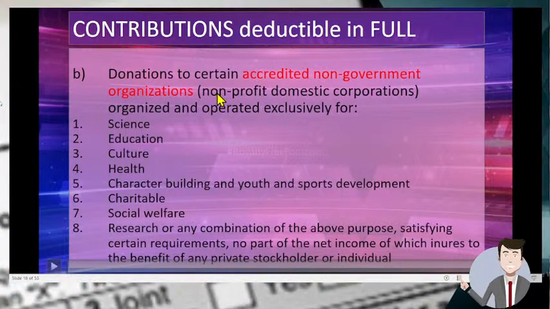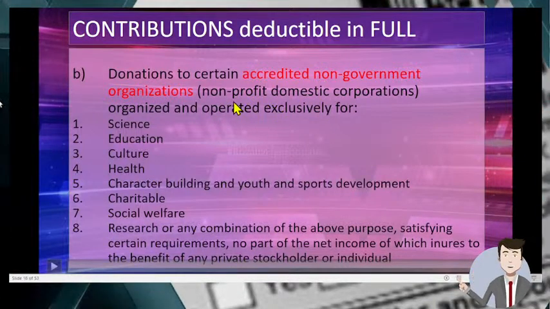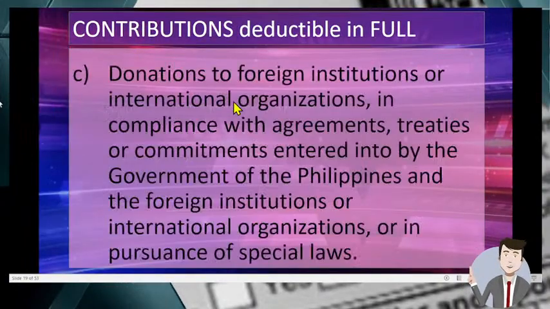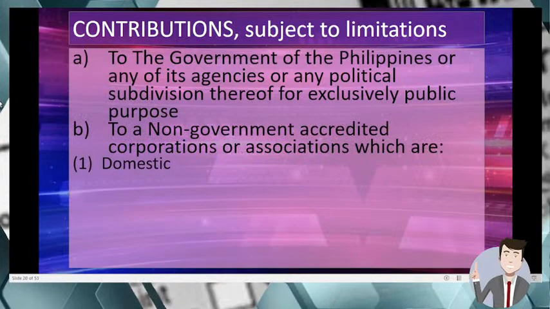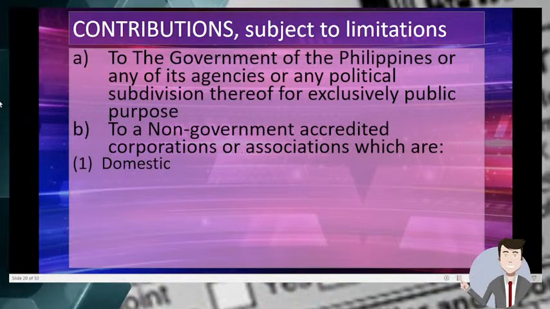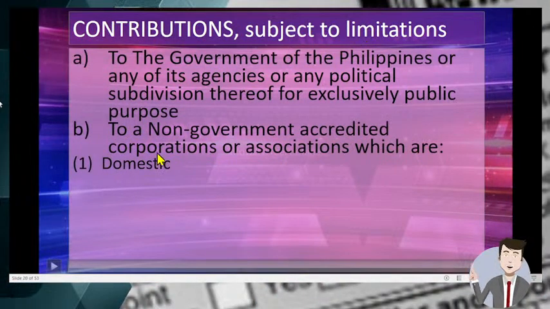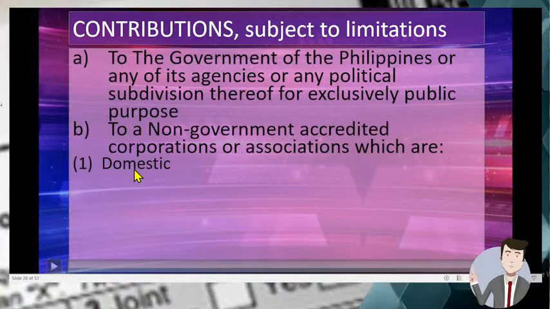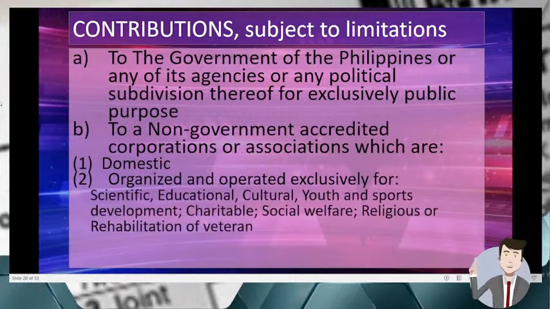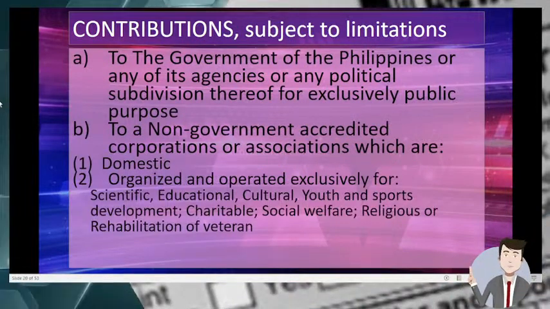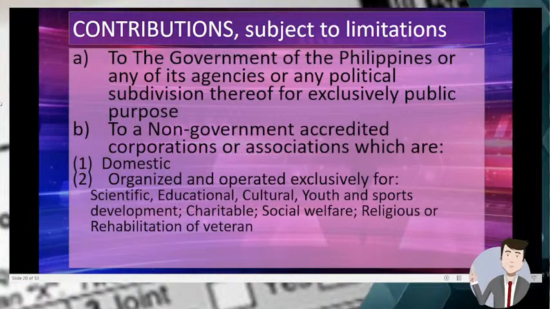So in this case, your donations or contributions can be deducted in full. On the other hand, if the receiving non-government accredited corporations or associations, in short, we can assume that this is a domestic or a profit-oriented kind of corporation, but it is organized for the following, almost synonymous with letter B on the previous slide.